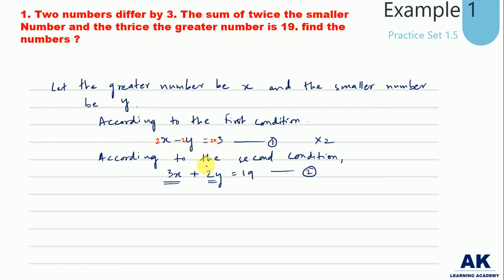So when I multiply equation 1 by 2, we get 2x minus 2y is equal to 6. Let's call this equation number 3.